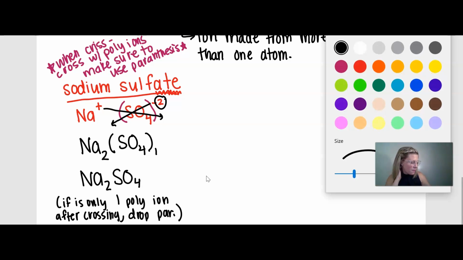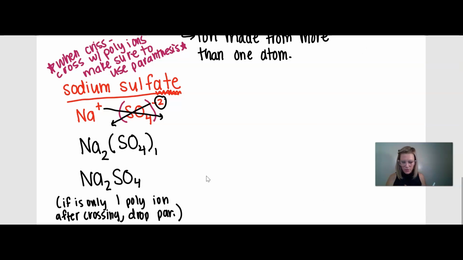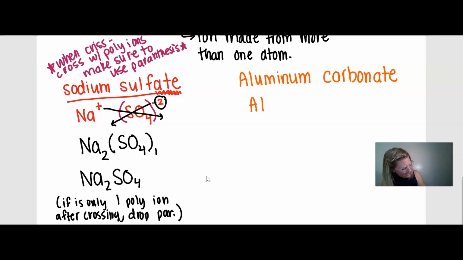So let's try another one where we do have to keep them. Let's do aluminum carbonate. Okay, so we have Al 3+. Now we go to reference table E for our carbonate, which is, I'm blanking, CO3 2-.